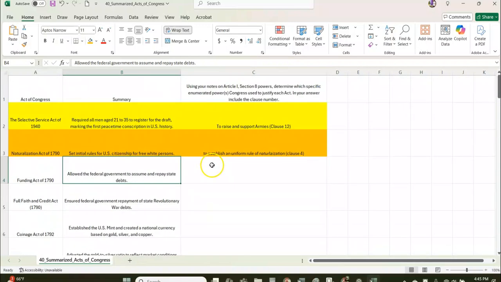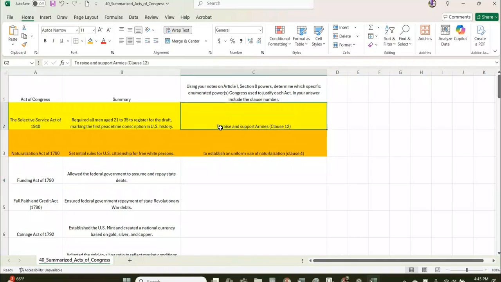There's 40 of them. Will some of them be reused? Absolutely. We only have 17 powers and there's 40 choices. So of course some of them are going to be used, but you need to identify which power by constitutional language, and then in parentheses, which clause did that come from? I hope that all makes sense.